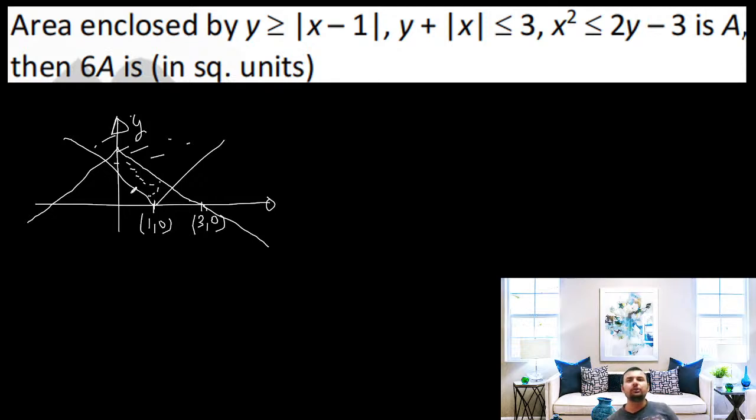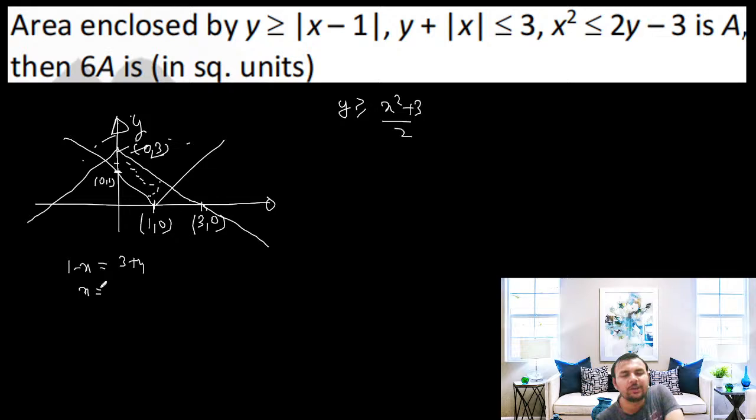And x square equal to 2y, so we have y bigger than or equal to x square by 2 plus 3 by 2. So add 3 by 2, this is 1, this is 0 comma 3, and 3 by 2 is somewhere here. The intersection point is what? If we calculate the intersection point, 1 minus x equal to 3 plus x.